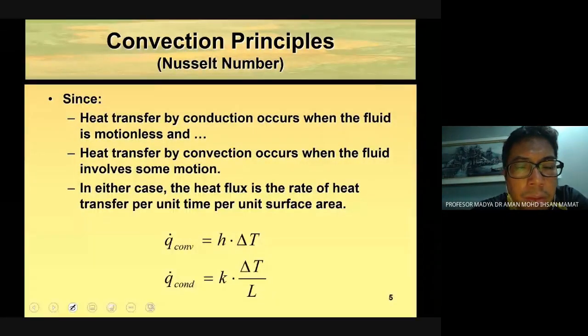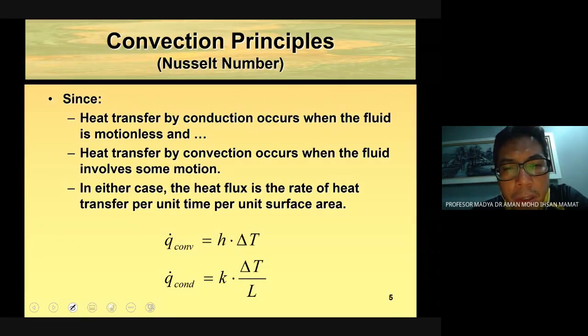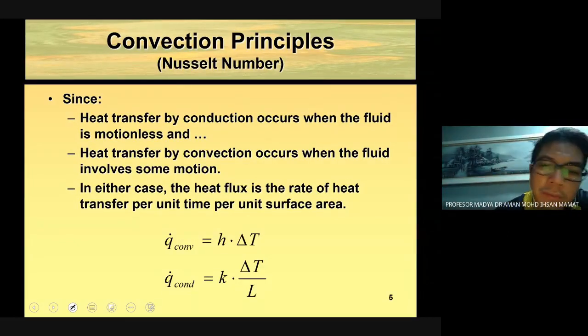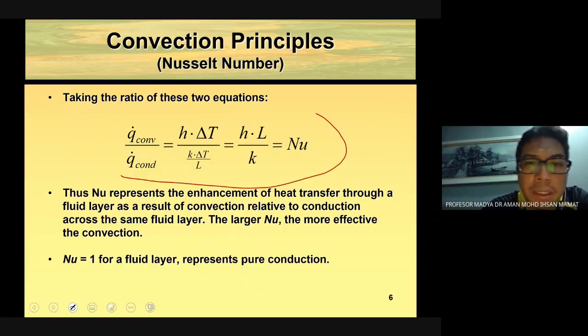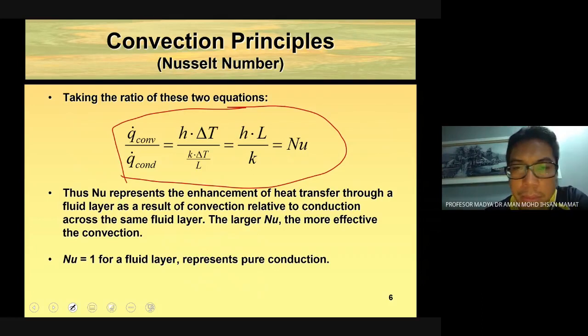Okay, so the Nusselt number is the ratio between the heat transfer for the convection and the heat transfer for the conductions. Okay, from here we develop the Nusselt number.